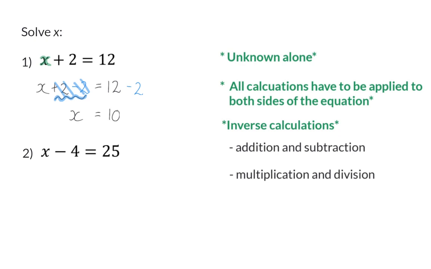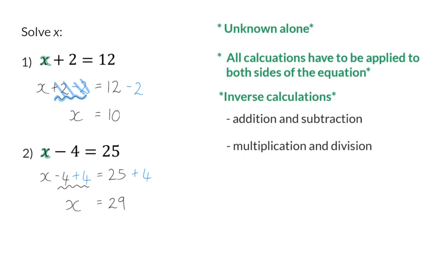In example 2, we again want to solve x, and that means we want to get rid of the minus 4 on the left-hand side. Again, I'm going to do the inverse operation, and the inverse of minus 4 is plus 4, and that is why I will also plus 4 on the right-hand side. On the left-hand side, we are once again left with only x, because minus 4 plus 4 is 0, and on the right we have that x is equal to 29.